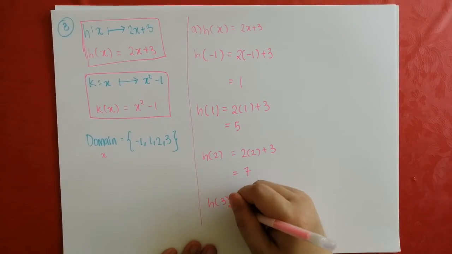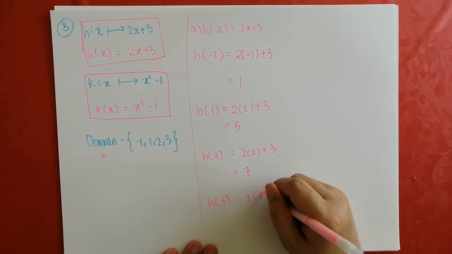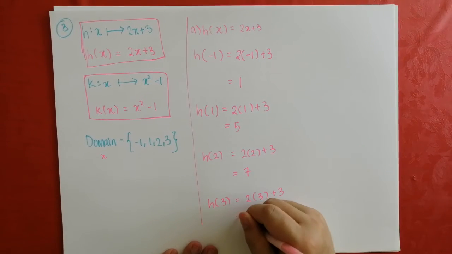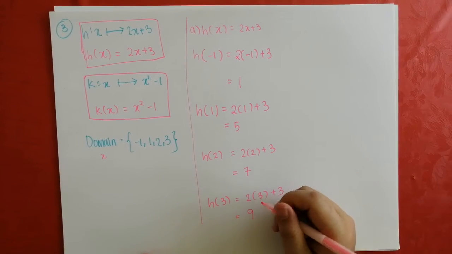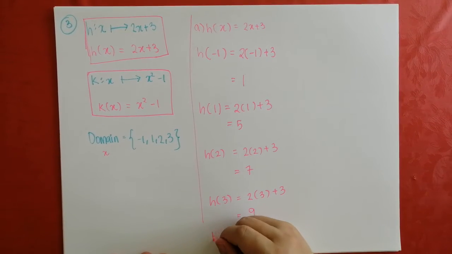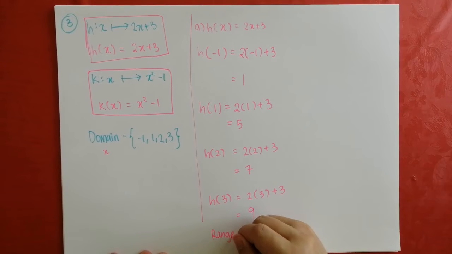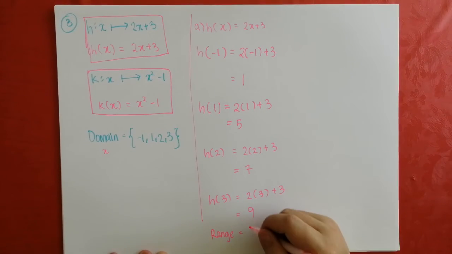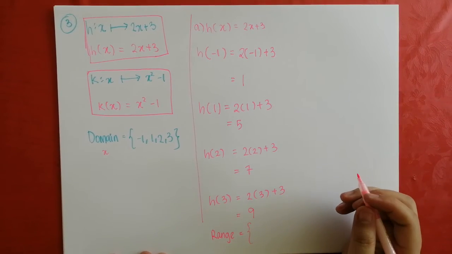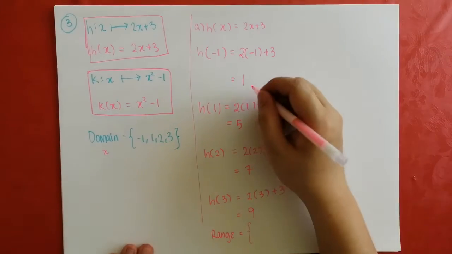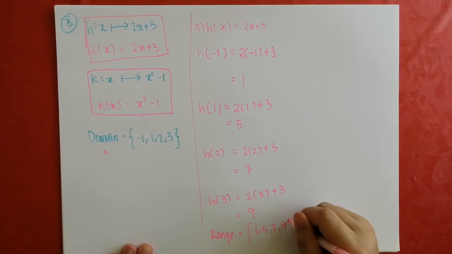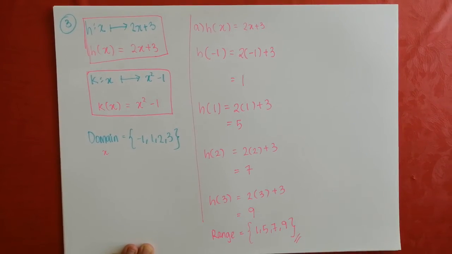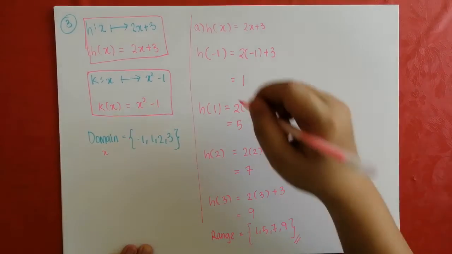Then h of 3 will be 2 times 3 plus 3, 2 times 3 is 6, 6 plus 3 is 9. So your answer, range, will be equals to, always write them in curly bracket, 1, 5, 7, 9. That will be your answer for part A part 1.